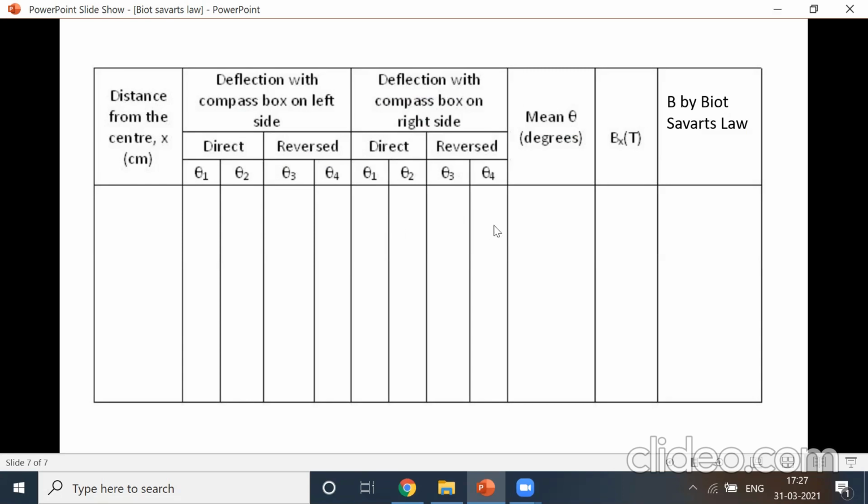Take the mean of all the values of theta, and we'll calculate Bx from the tangent law and also from Biot-Savart's law, and compare these two values. Then plot x, the position of the compass along the axis of the coil, versus the magnetic field induced. That's all for the experiment.